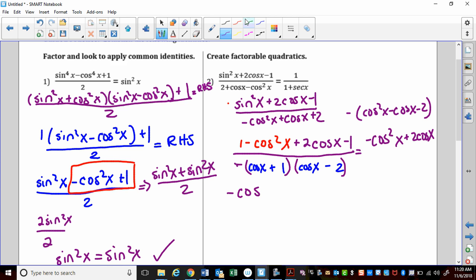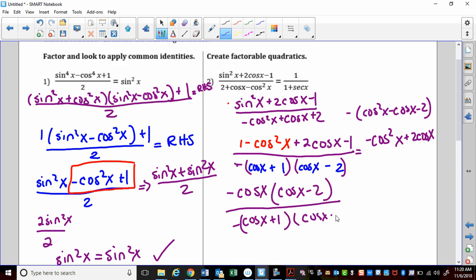So when I factor out this negative cosine of x, this is just going to be cosine of x. Oh, and then this is minus 2 now, divided by negative cosine of x plus 1 times cosine of x minus 2.